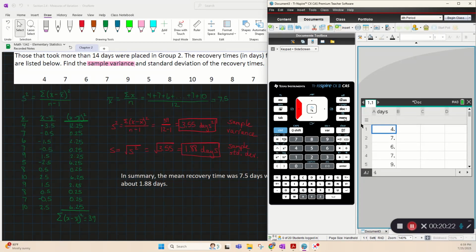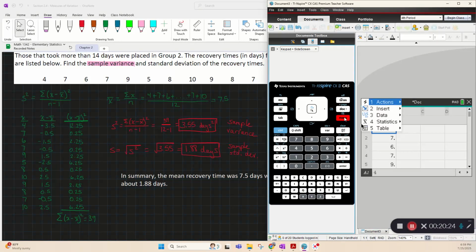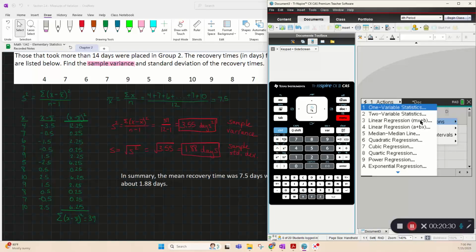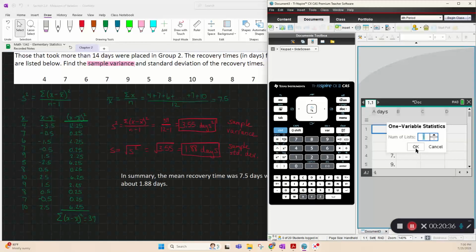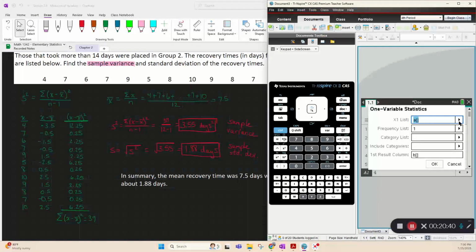So to do that, you go to Menu, 4 for Statistics, 1 for Stat Calculations, and we're going to do what are called one variable statistics. I have one list, and it tells me it's in column A. I like to name it so I know darn sure I'm picking the right list.